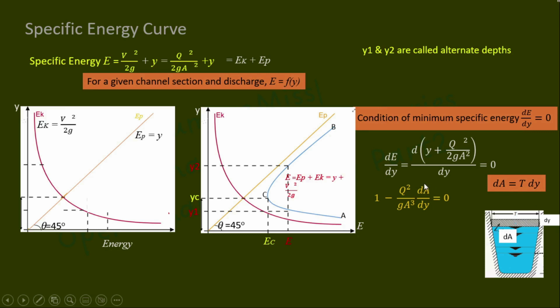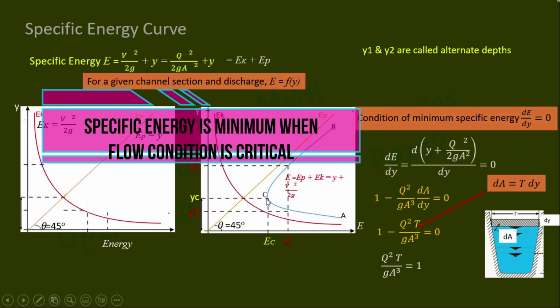Replacing dA by dy in terms of T, the equation becomes 1 minus Q square T by G A cube equal to 0, or Q square T by G A cube equal to 1. This condition represents the minimum specific energy, irrespective of the shape of the channel.